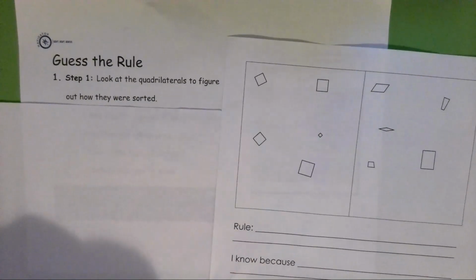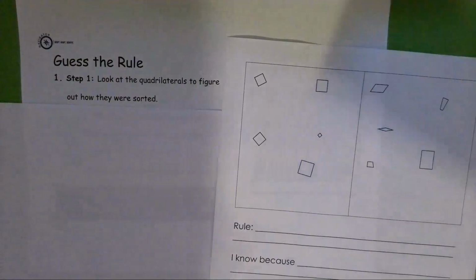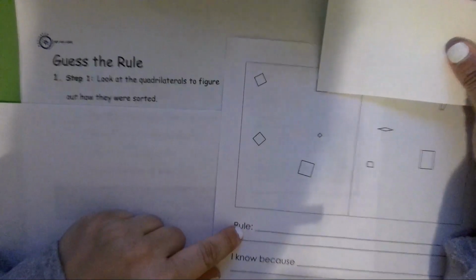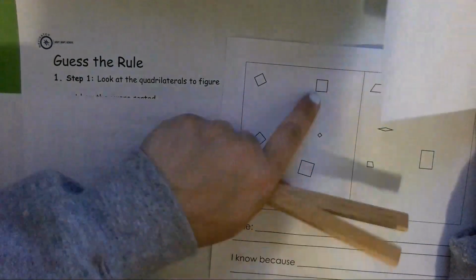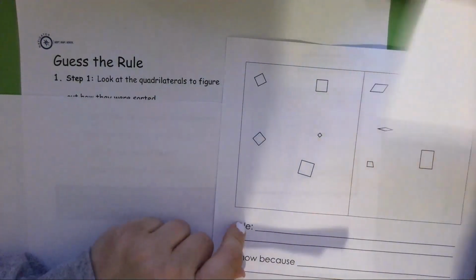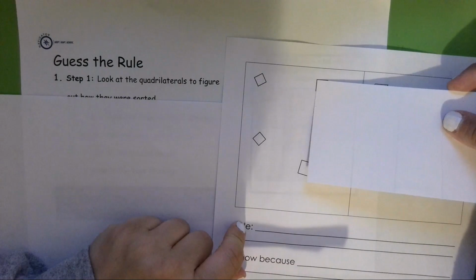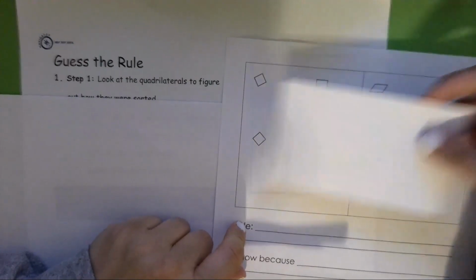Let's check to see if the square has any right angles. Is this a right angle? I bet you said yes. Why? Right, the corner of a square fits exactly. What about this? I bet you said yes, because the corner of a square fits exactly.